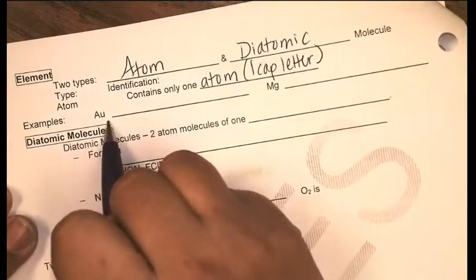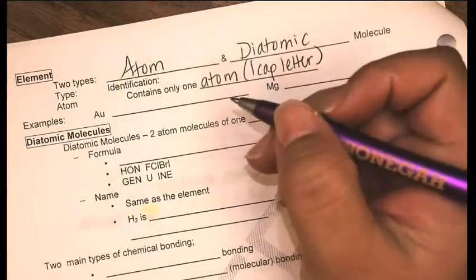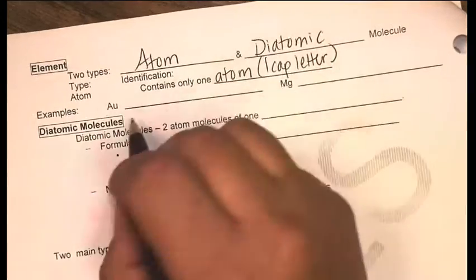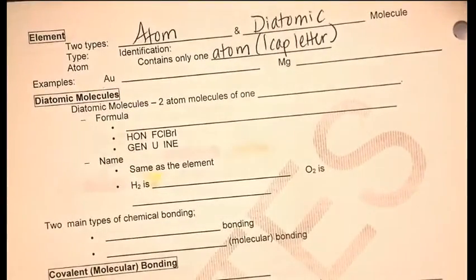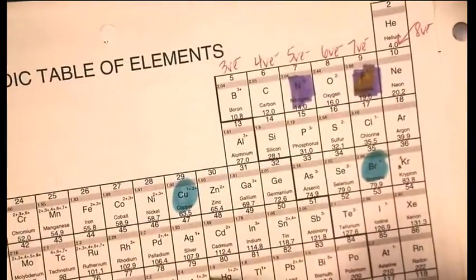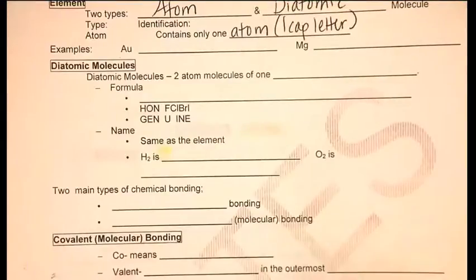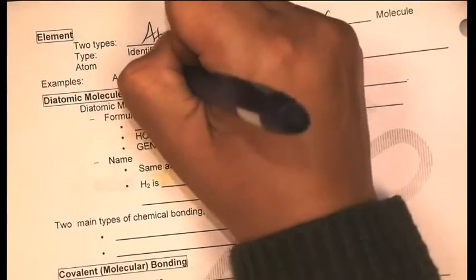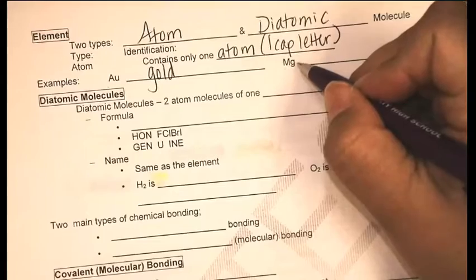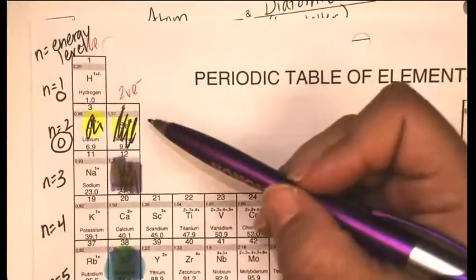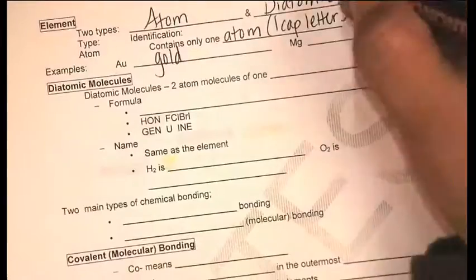So like if I have Au, I just look at the periodic table, and the name of Au is just gold. And so I write the name of that by looking at the periodic table. So here if I have Au, gold. Here, one capital letter, no subscript 2, Mg, over here, magnesium.